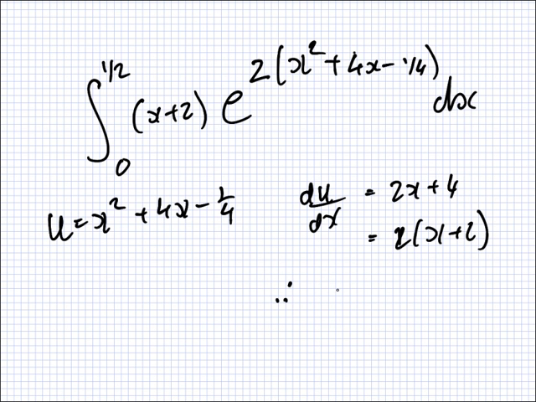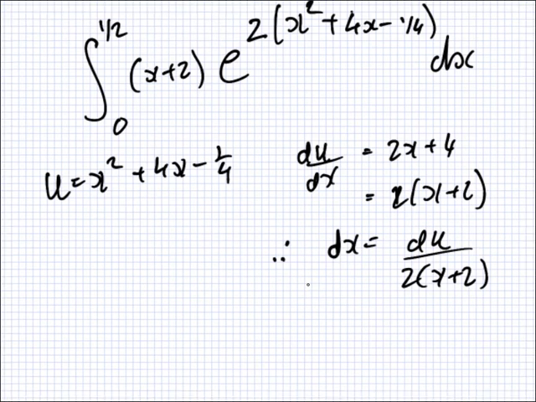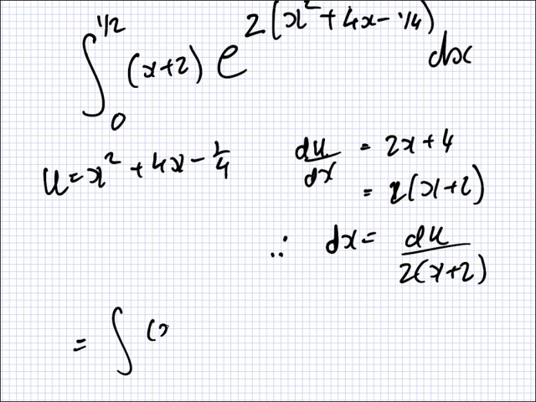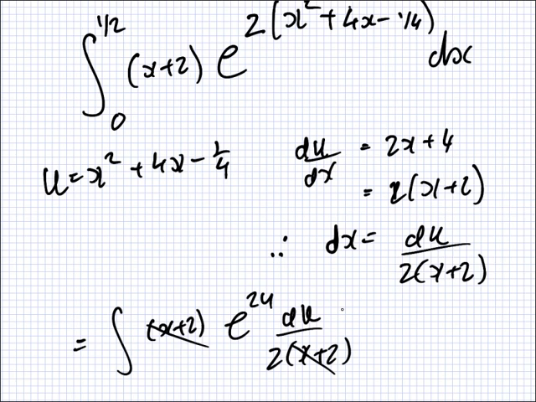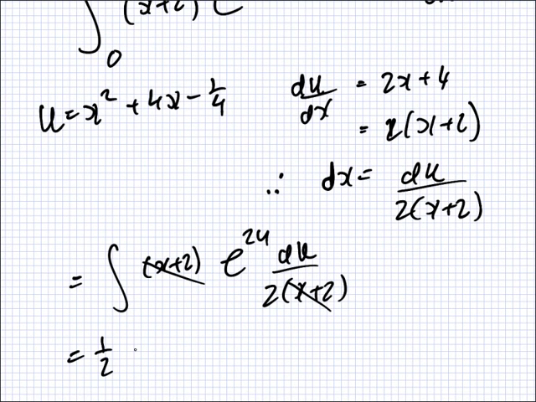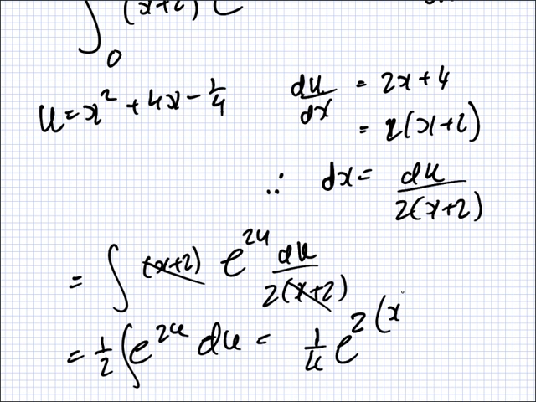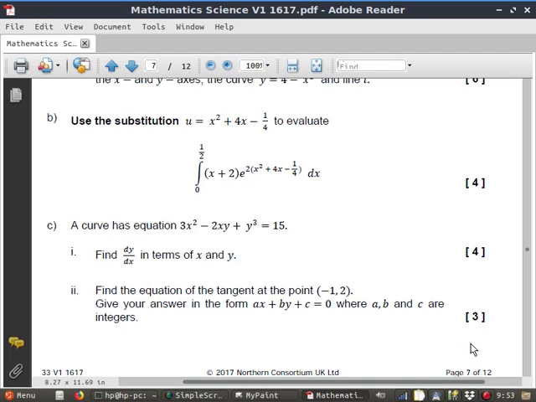So therefore, dx equals du over 2x plus 2. So my integration here becomes x plus 2, e to the 2u, du over 2x plus 2. So they cancel, and it becomes a half e to the 2u, which is a quarter e to the 2u as the answer, with the limits put in, which is 0.5.